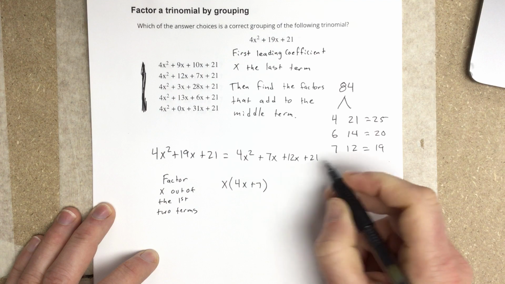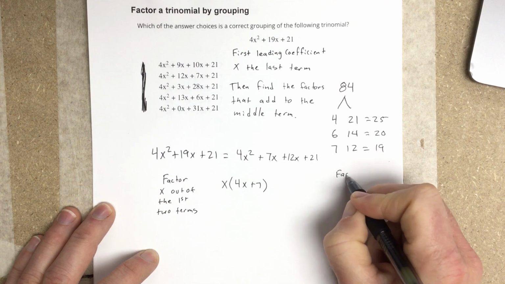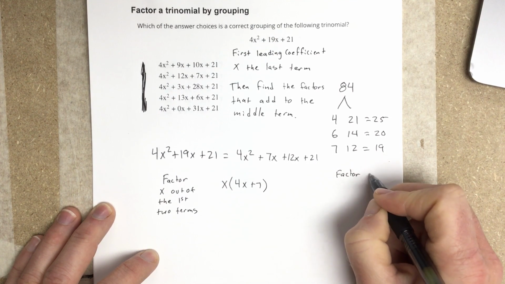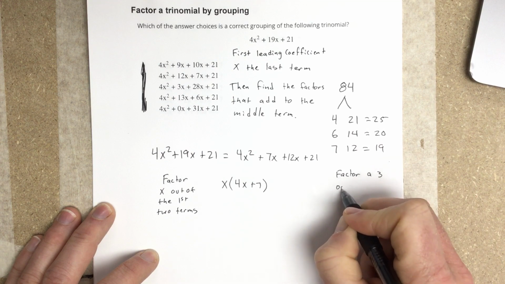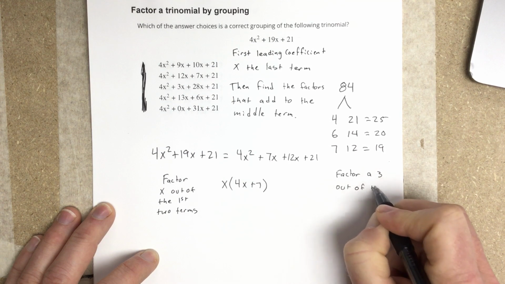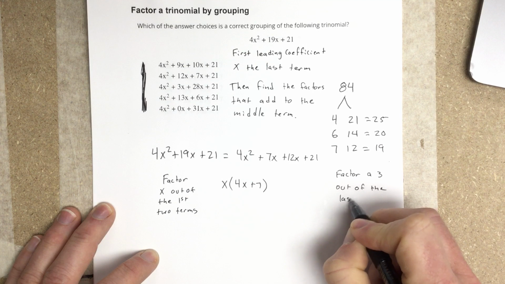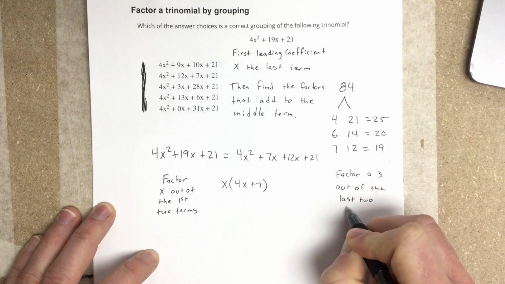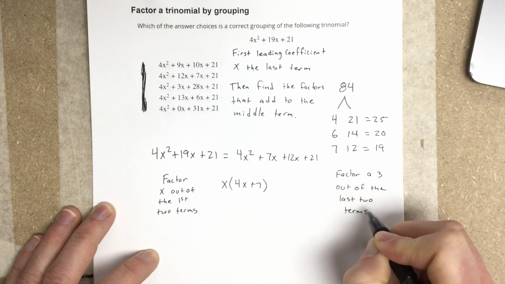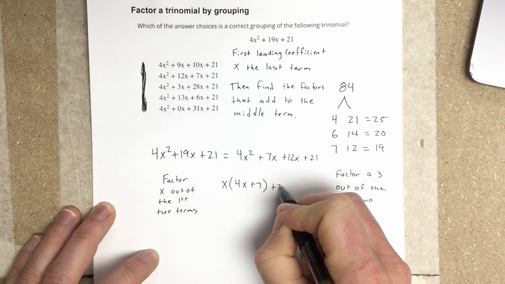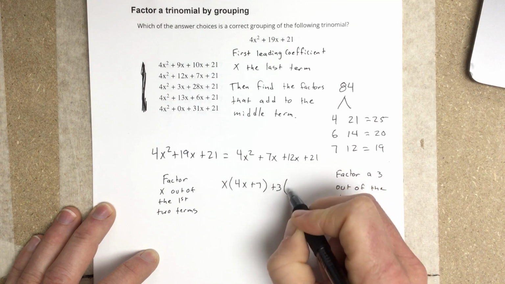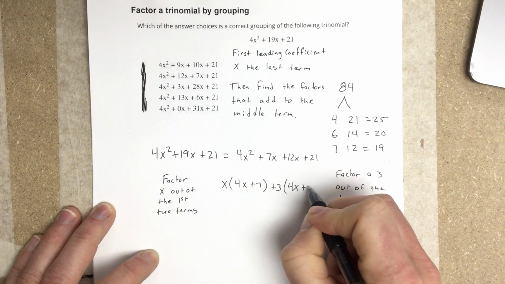And then on the last two terms, I'm going to factor a 3 out. So we factor a 3 out, and we get plus 3. That leaves you with 4x plus 7.